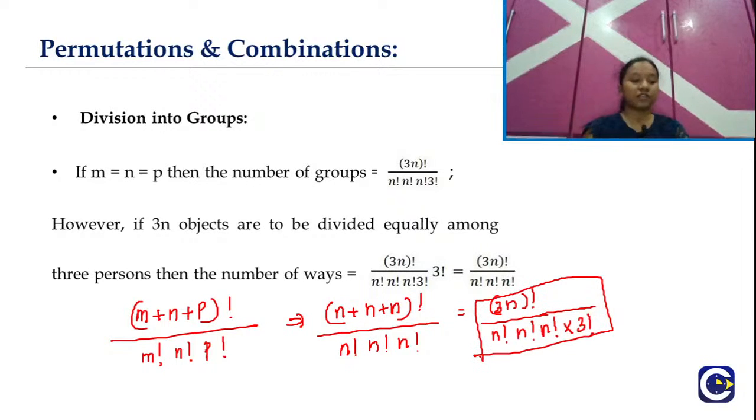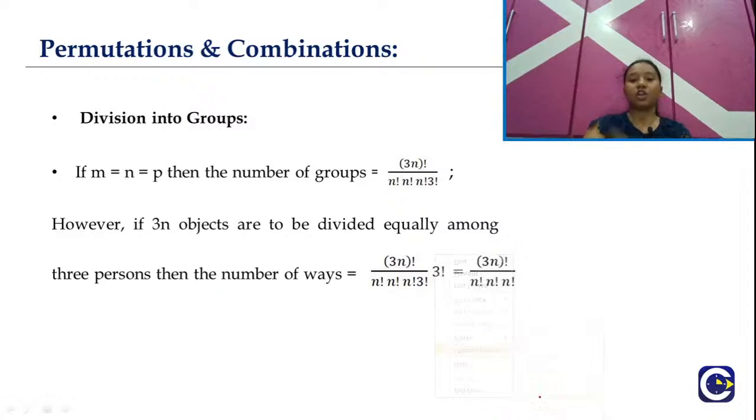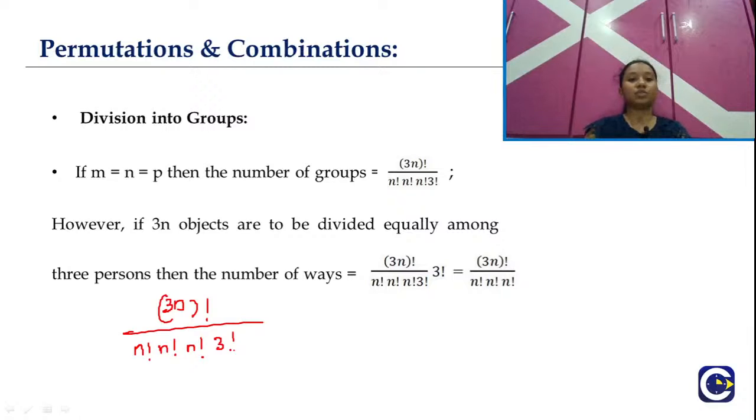When all the 3 are equal, that number of factorial will be divided simultaneously in the denominator. So what is the formula? When all these 3 are equal, the number of groups that we'll be dividing here is given by 3n factorial by n factorial n factorial n factorial into 3 factorial. Now we have to equally divide these groups amongst 3 different persons.